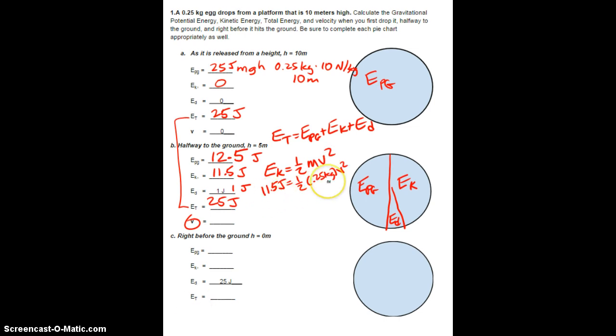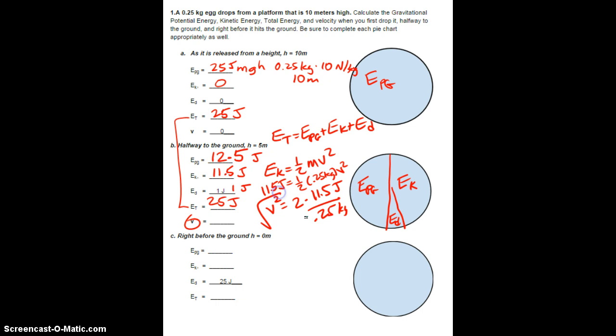So I put in the values here. As I mentioned before, some of you seem to be more comfortable with that, so I will demonstrate it that way. I'm going to isolate for velocity. I have to multiply each side by 2 to clear the fraction, and then divide by the mass. So velocity squared is going to be equal to 2 times 11.5 joules divided by 0.25 kilograms.